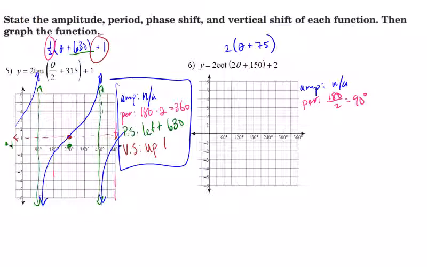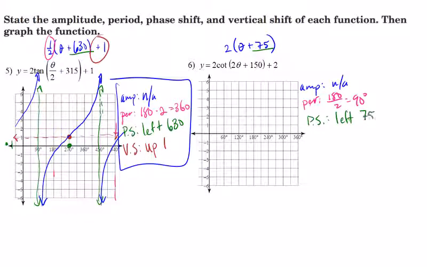Okay. And then our phase shift is left, and it's going to be 75.